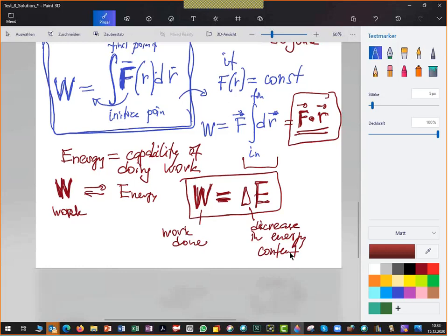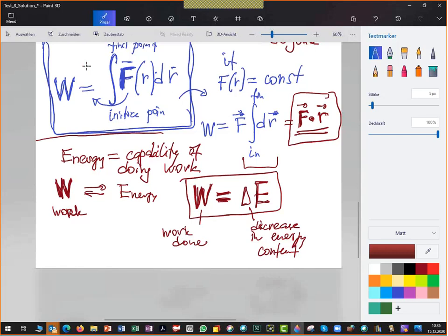This last part, work as change in energy, I have introduced very briefly because it will be the main topic of our class in, not 2 weeks, in 3 weeks in fact.